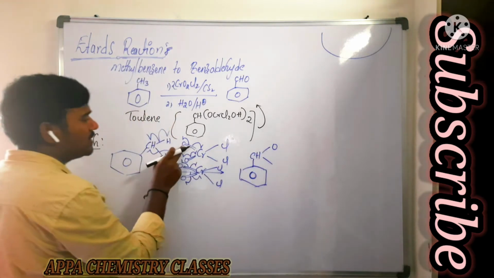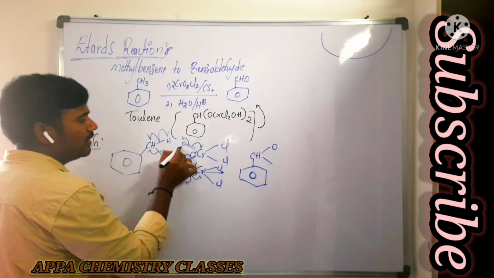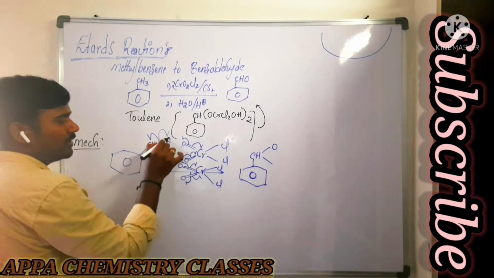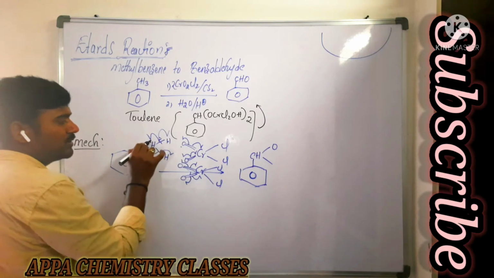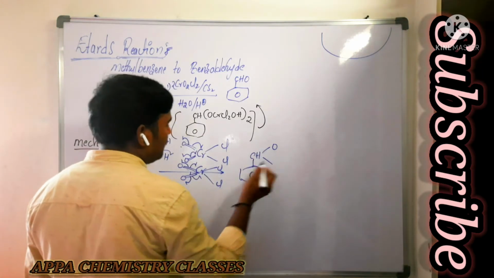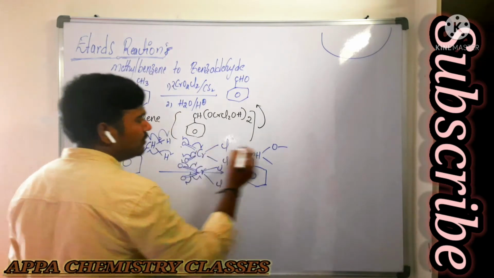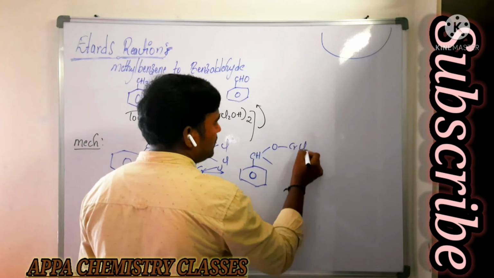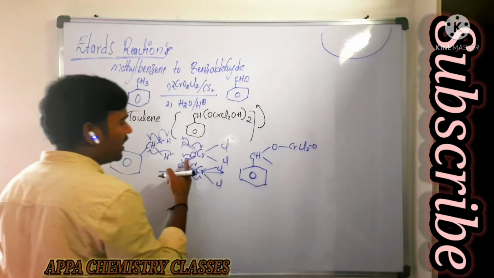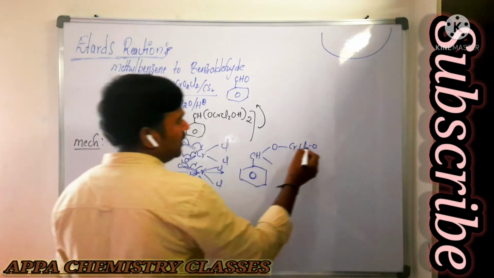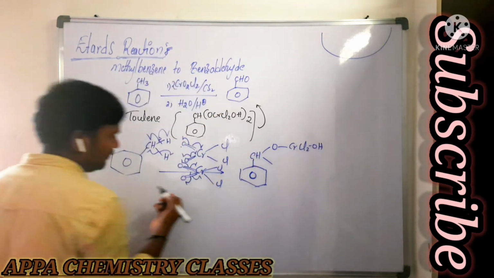This carbon radical and the oxygen radical form a bond, giving O-CrCl2 with one oxygen radical that combines with the hydrogen radical and becomes OH.